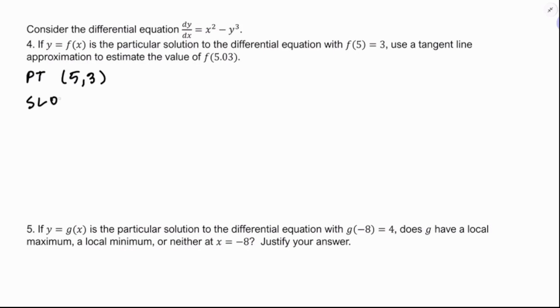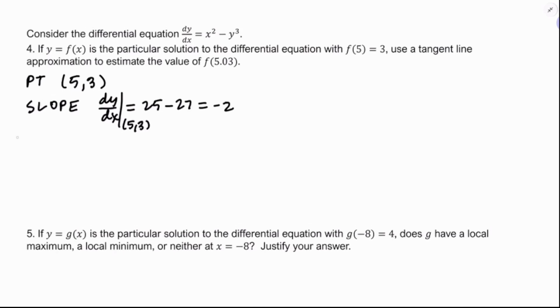Slope we'll get from dy/dx. So at the point 5 and 3, dy/dx equals 5 squared is 25 minus y cubed, which is 27, so that equals -2. Okay, so my equation is going to be y minus 3 is equal to -2 times x minus 5.